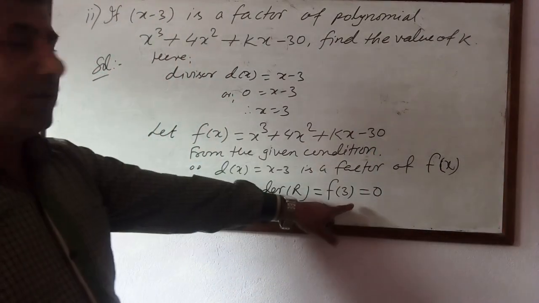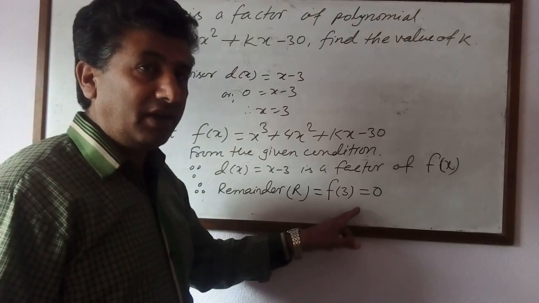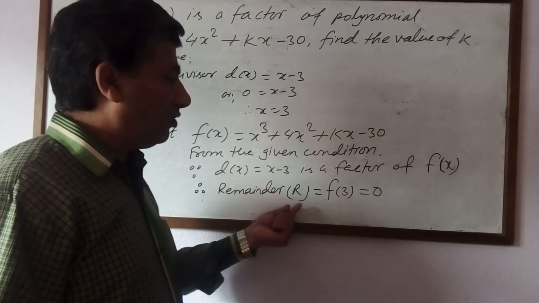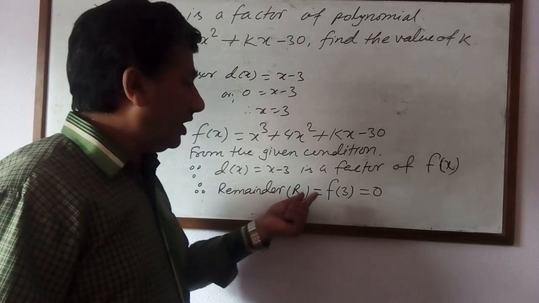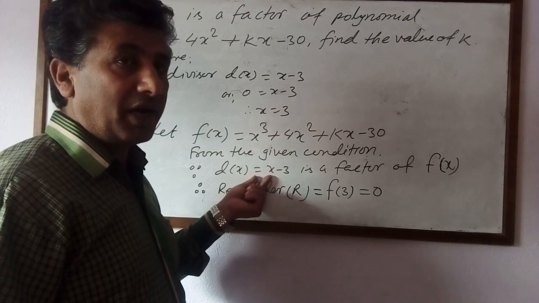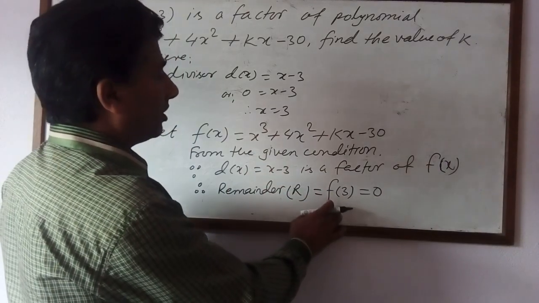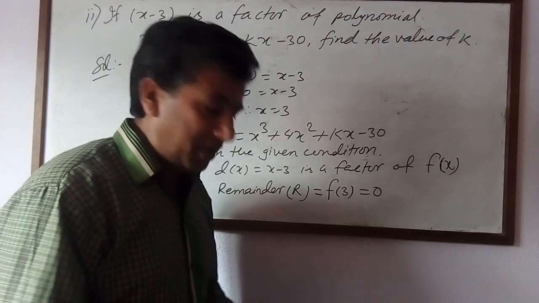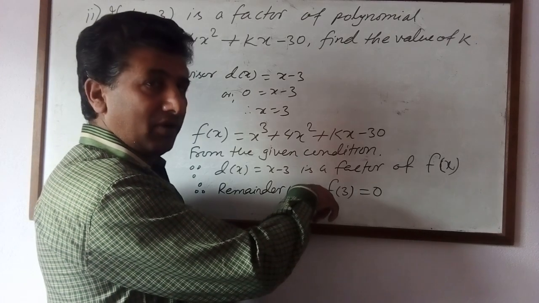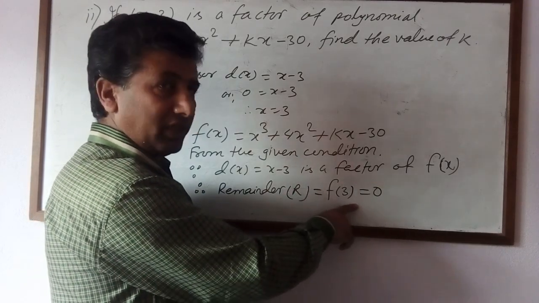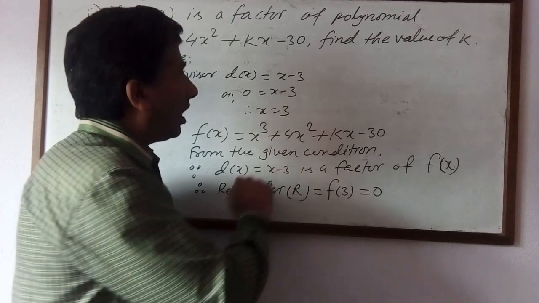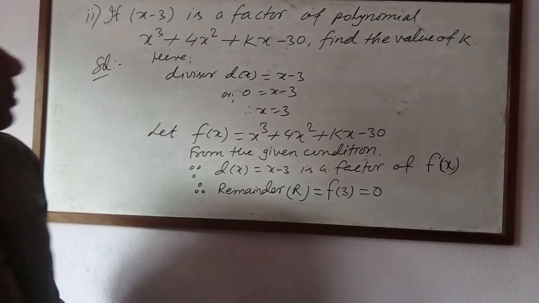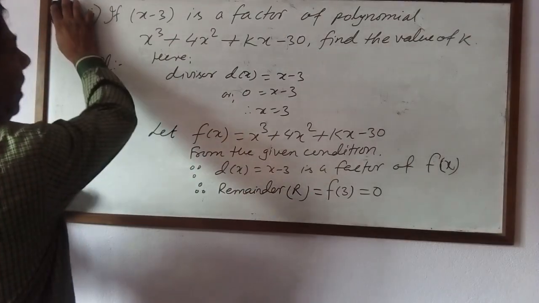Remember why this is 0: we are using the converse of the factor theorem. When the divisor is a factor, the remainder will be 0; the factor theorem says when the remainder is 0, the divisor is a factor, just the opposite. This is the given condition. Again, to find the value, we use the remainder theorem. This is important: you have to learn how to use the factor theorem and its converse.